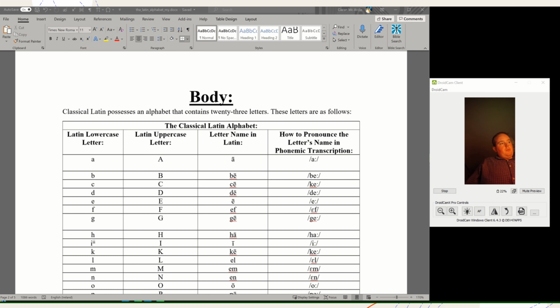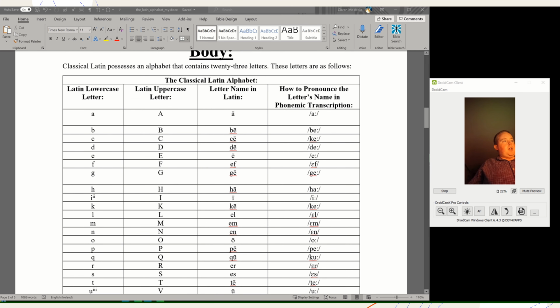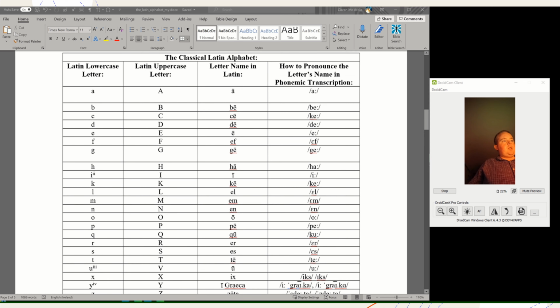before the letter N. So you have this letter, it's called gay in Latin, that's probably a better pronunciation, gay. Then we have ha, and then we have e, and then we have ka, and I think that ka is not really used that much in Latin.